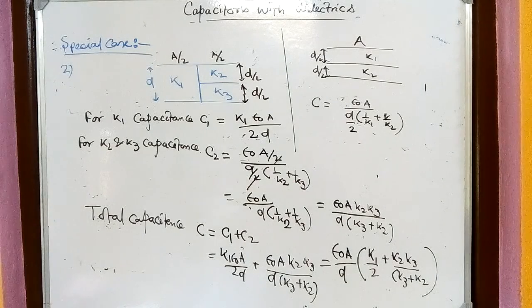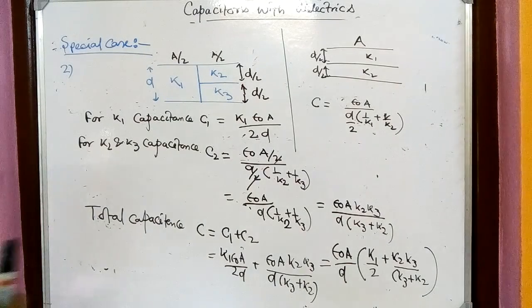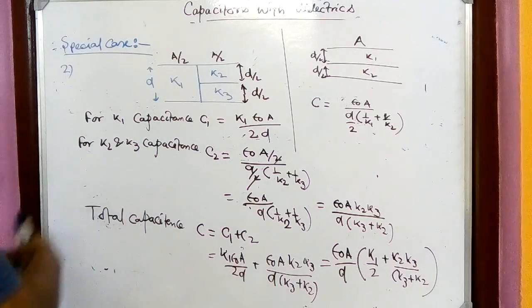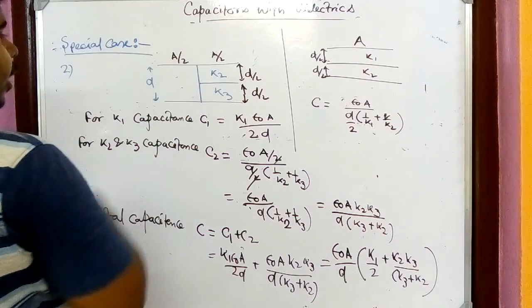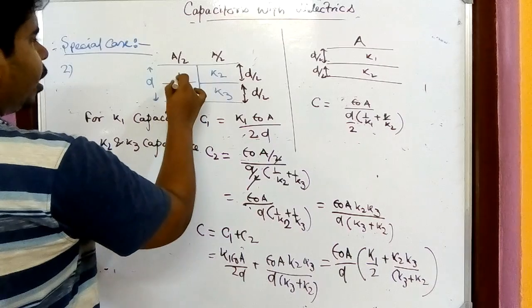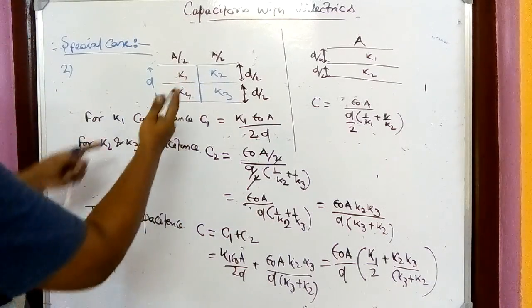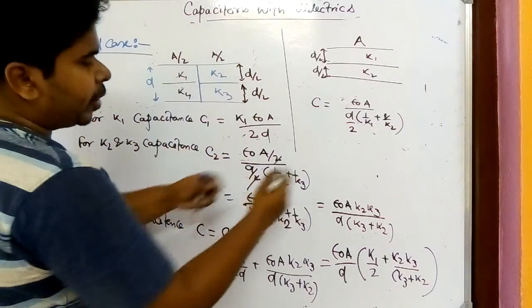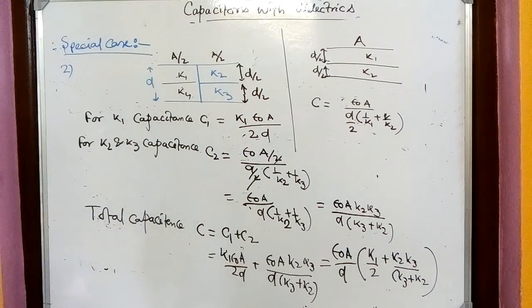Okay, so maybe the calculation seems to be a little difficult, but if you understand once, then whatever slab is introduced here, I think there shouldn't be any sort of problem. Instead of K1, if it is also divided into K1 and K4, then for it you have to do separately for this one, and then you have to add it.